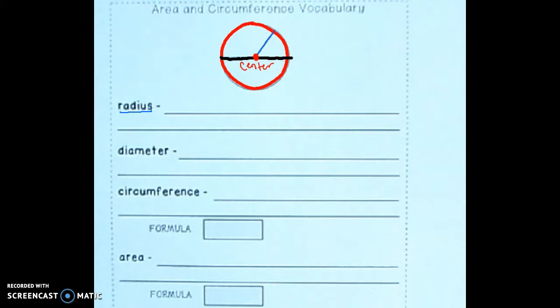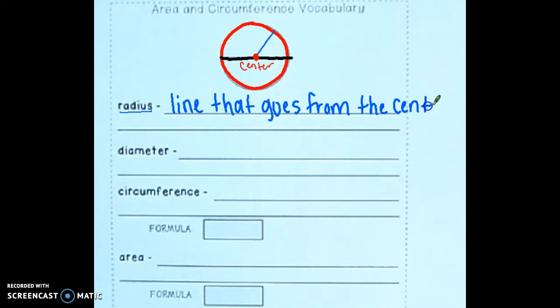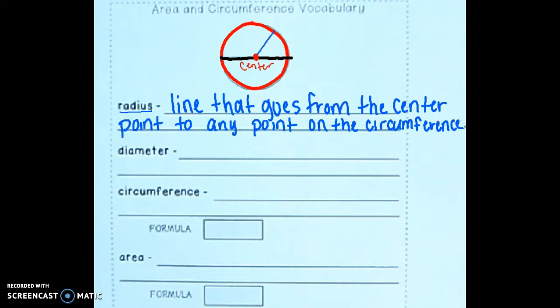Radius is a line that goes from the center of the circle, from the center point, to any point on the circumference of the circle.